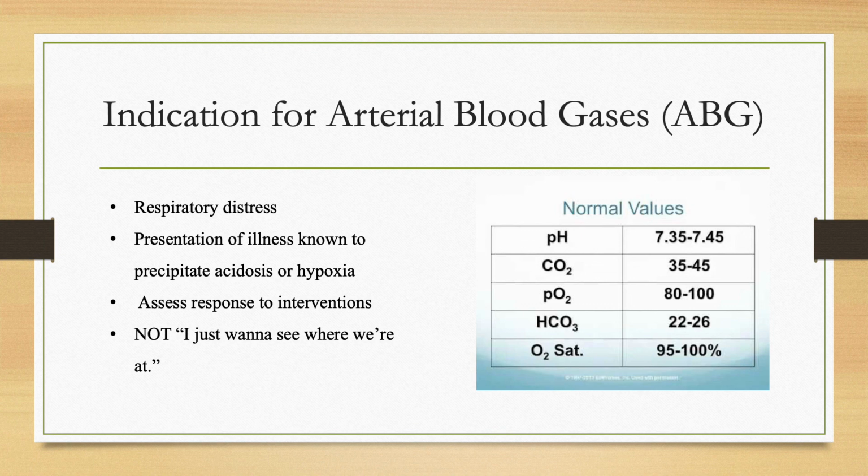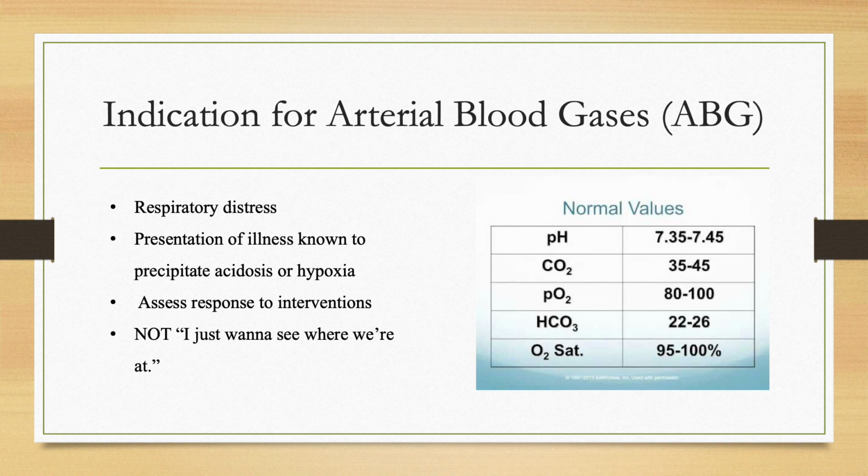So if I notice a patient's in respiratory distress, I may place them on a BiPAP that's going to help ease their breathing, and then I'm going to get an arterial blood gas to see where the value is. And then depending on how the patient responds or my blood gas value, that tells me what I need to do, if I need to be more aggressive, or if the BiPAP's work can give me a little time for the BiPAP to work.